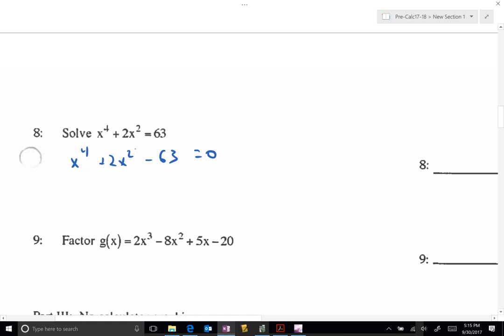So what we're going to do is substitute in a u that's equal to x squared. And when we do that, we can rewrite this as u squared plus 2u minus 63 equals 0. And now we can factor that.